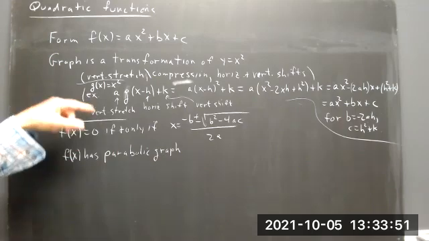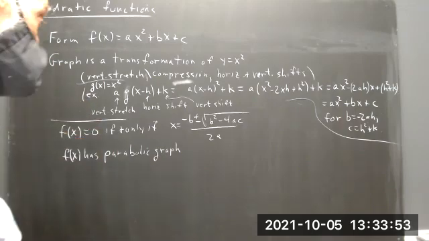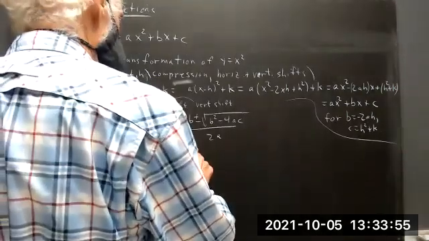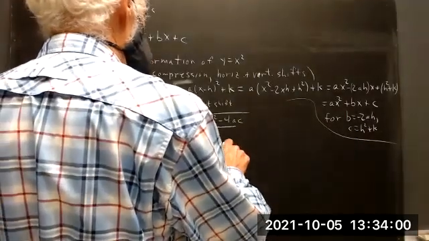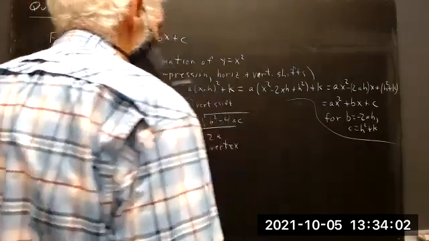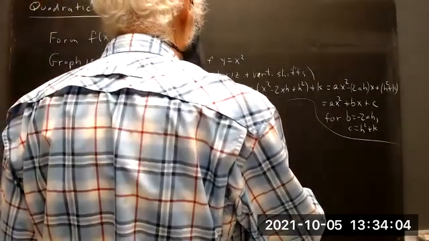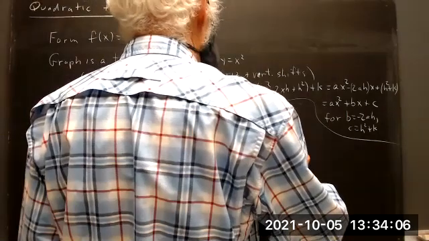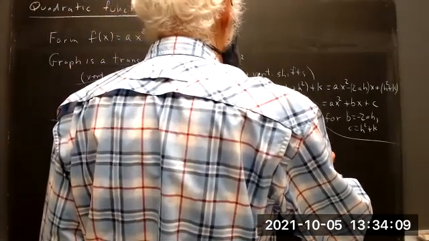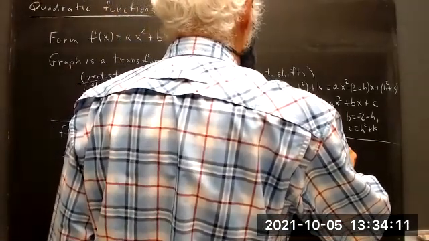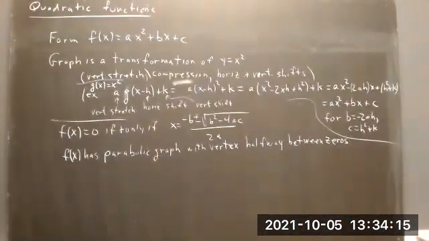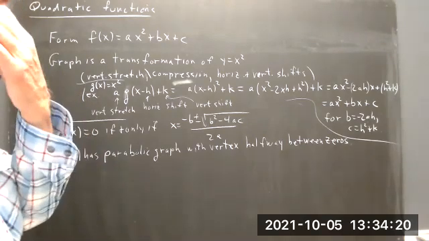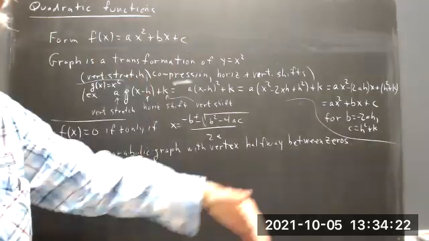The parabolic graph does this, and it has a vertex halfway between the zeros. Why is that? Because this graph is symmetric.